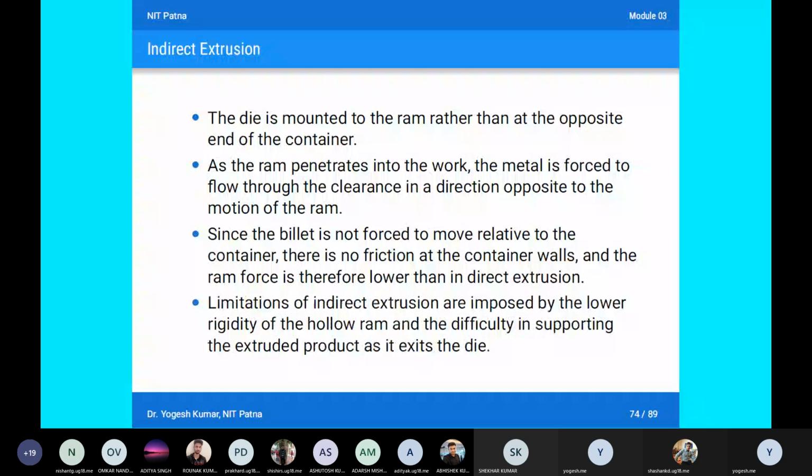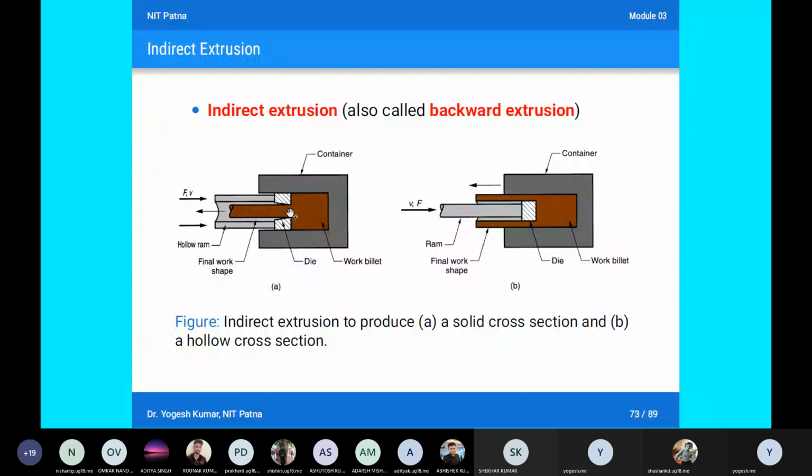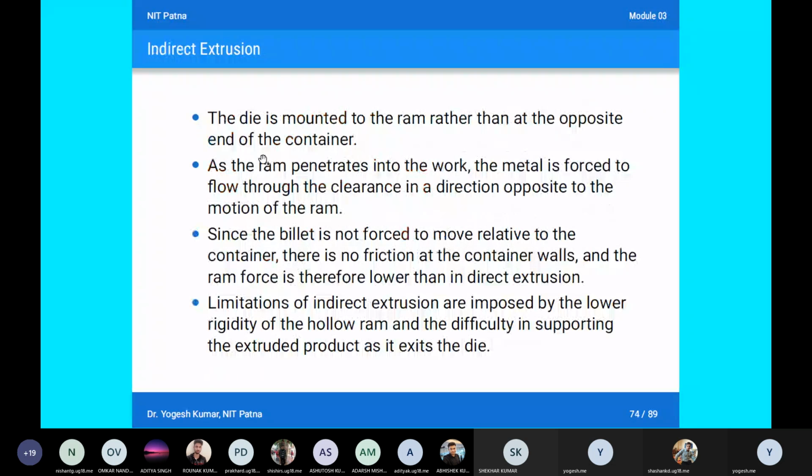The major limitation is the lower rigidity of the hollow ram, and it is difficult to support the extruded product as it comes out of the die. The support needed for the final product coming out of the hollow cross section is a big problem in indirect extrusion, so some arrangements are needed to support the material coming out of the die opening.